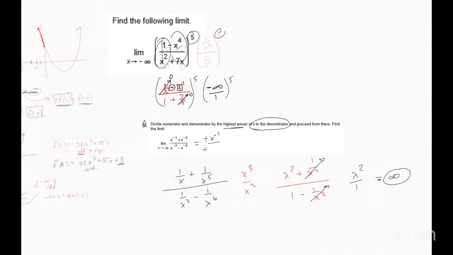So you would get, maybe this isn't the way to do it, I just wouldn't have thought to do it this way. You would get x squared plus x to the -2 all over 1 minus x to the -3.